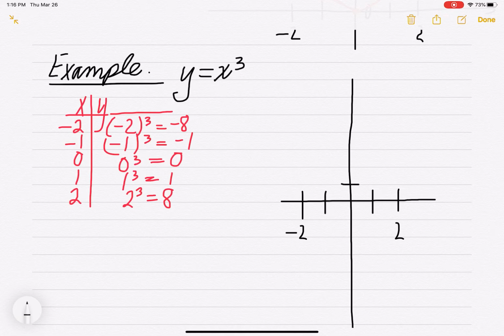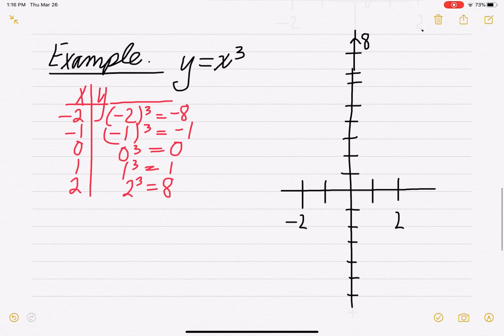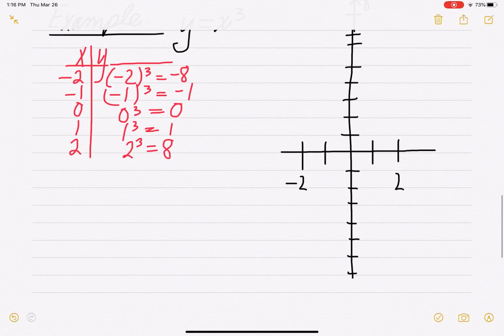So I'm going to go 1, 2, 3, 4, 5, 6, 7, 8. And -1, -2, -3, -4, -5, -6, -7, -8.